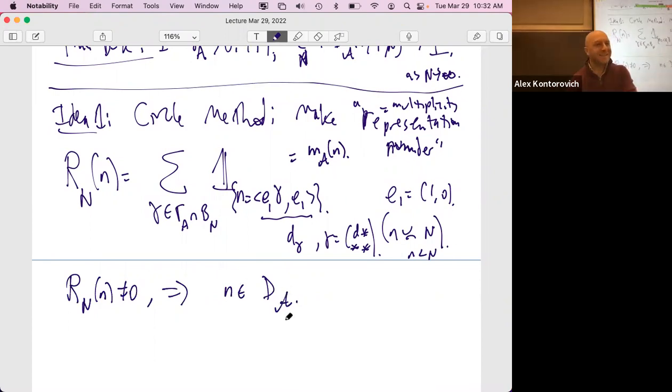But in a minute, we're going to change this. We're only choosing gamma in gamma A, so you're not going to get some sort of illegal number out of this. That's exactly what this says. If this doesn't vanish, then it's because we actually found some element of DA, so that value of n is an element of DA.